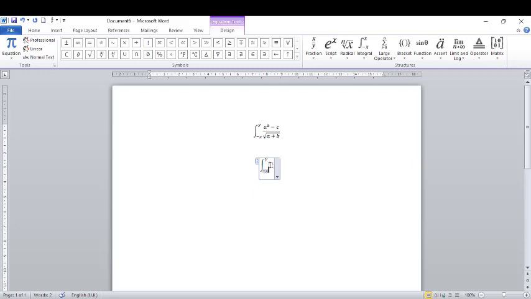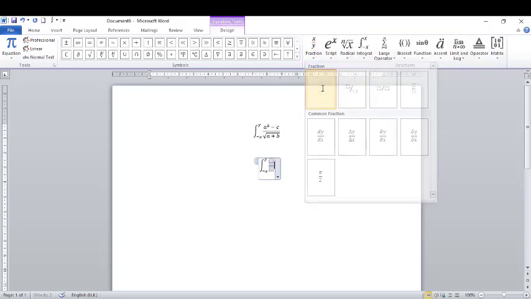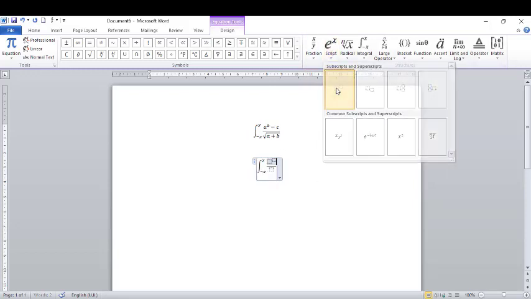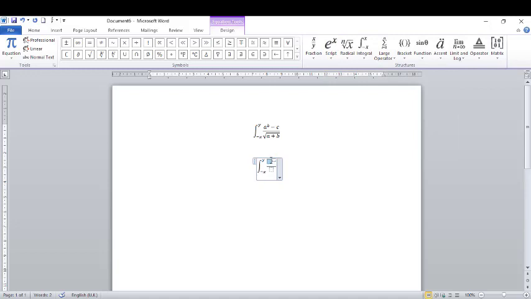Then this box here, I have the first subparent there, which is a fraction, because it has upper part and lower part. Click on it. The upper one has a script. So first bring the script and put my letter A inside the first one and letter B inside the second one.